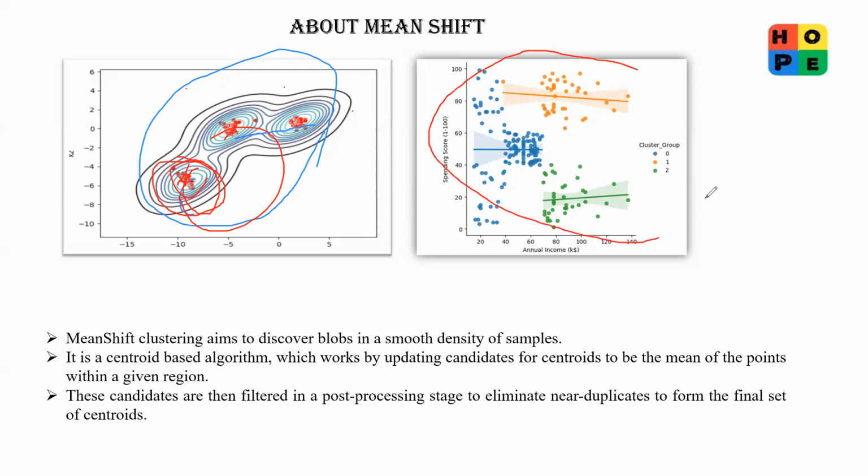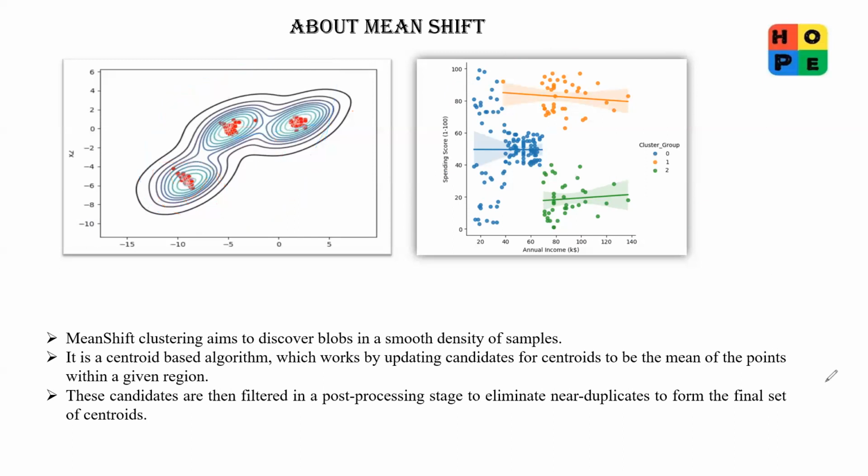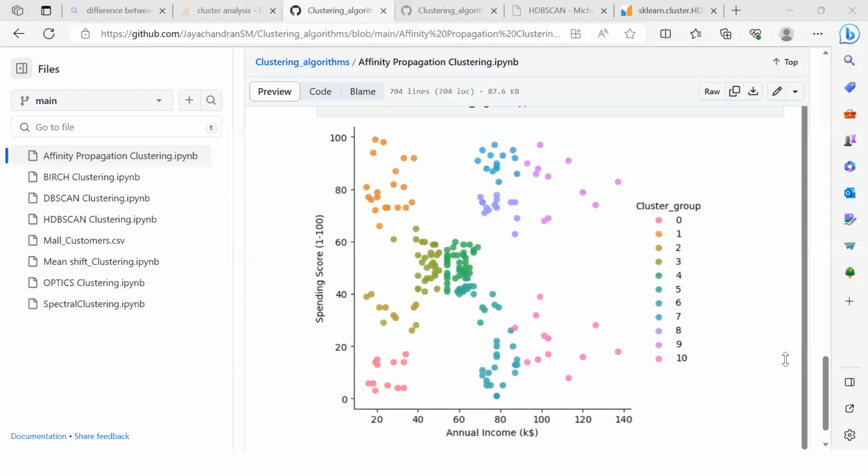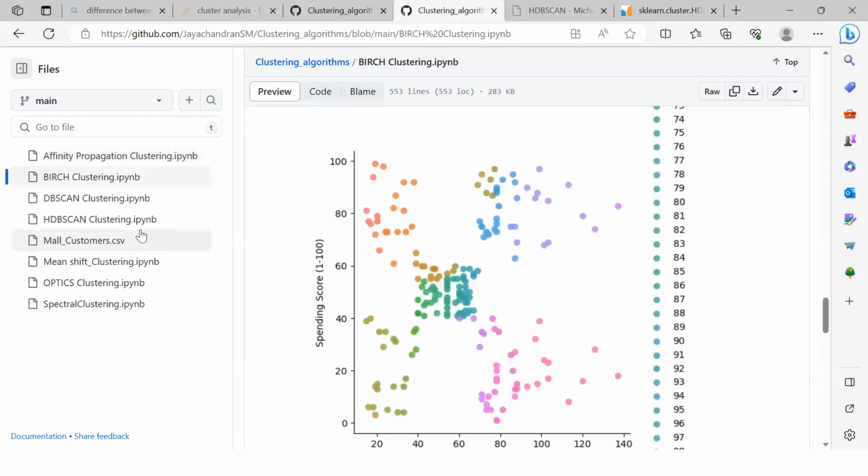I just ran the mall customer data set and found this particular output result. Let me just quickly go back to the Python example, so that I can easily correlate what the mean shift algorithm is.